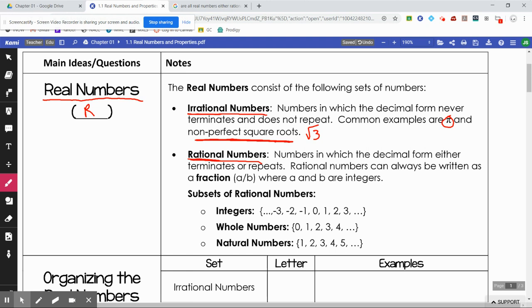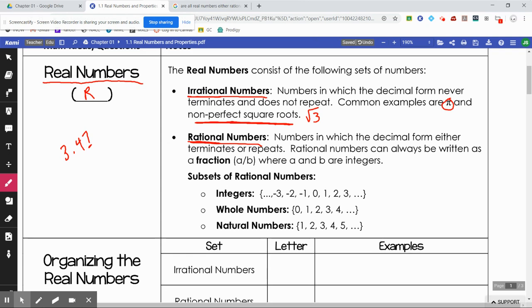Example of what we mean by terminates would be like 3.47, to where there's nothing else after it. It stops after the 7. So that'd be a terminating decimal. A repeating decimal would be something like 3.4 repeating. Or it could be 4.573, and all 5, 7, and 3, the whole thing might repeat. But those are your rational numbers.